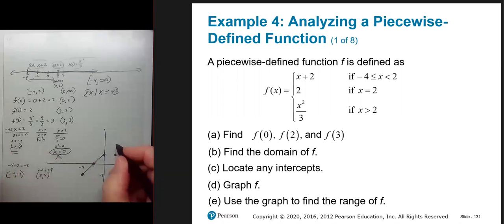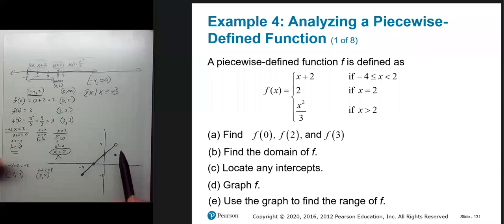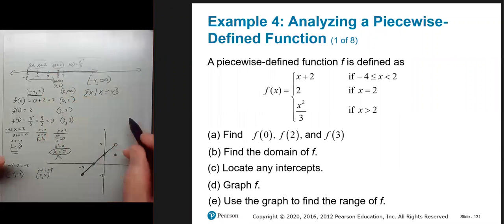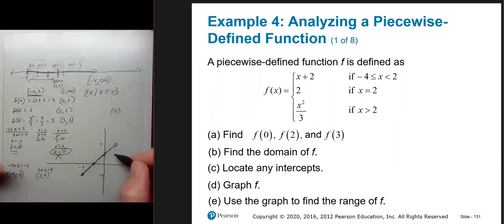So the way I show that it's an endpoint, but not part of the graph, is by putting an open circle at the point (2, 4). And I continue on connecting them. So for this part of the domain, this is the graph. For this part of the domain, at x equal to 2, this is the graph.